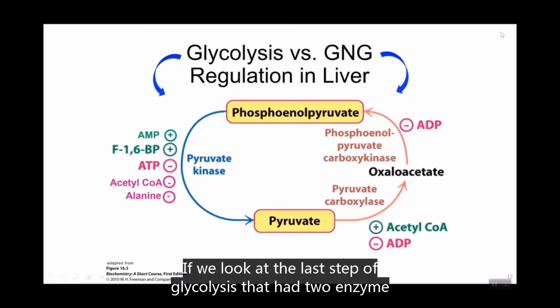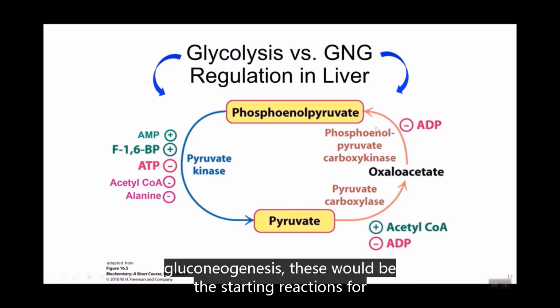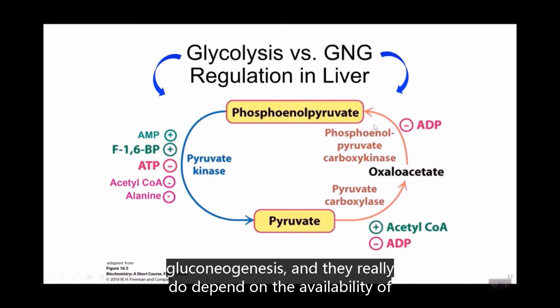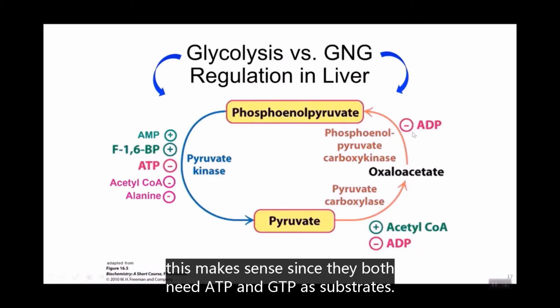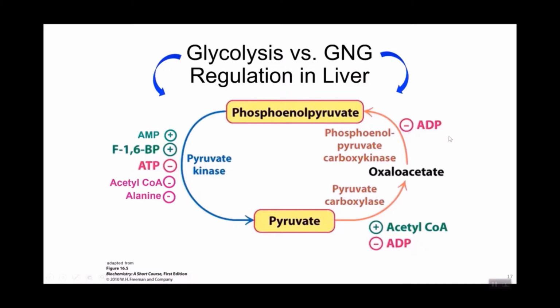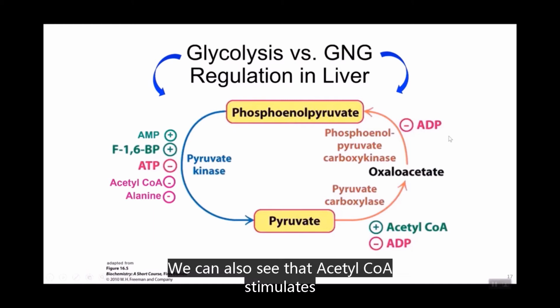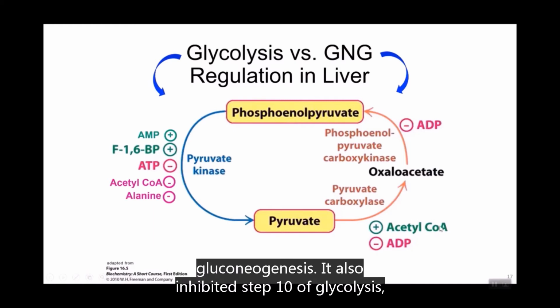If we look at the last step of glycolysis that had 2 enzyme catalyzed steps in gluconeogenesis, these would be the starting reactions for gluconeogenesis, and they really do depend on the availability of energy. ADP, or low energy, can inhibit these reactions, and this makes sense since they both need ATP and GTP as substrates. We can also see that acetyl-CoA can stimulate gluconeogenesis.